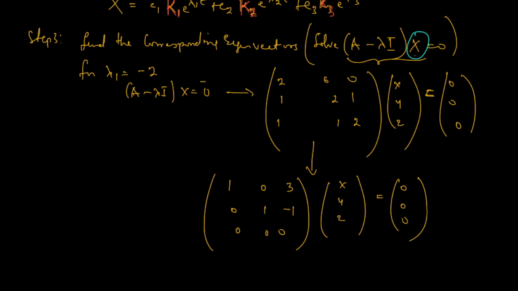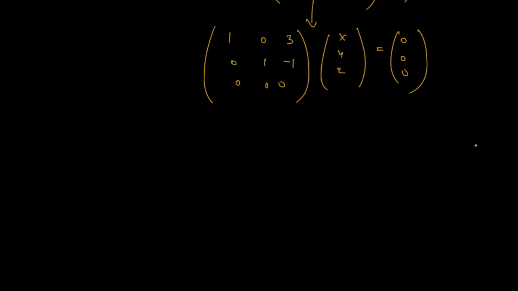So let me write this whole thing in equation form. We have 1 times x, that is x, plus 3z equals 0, and 1 times y, that is y minus z equals 0.